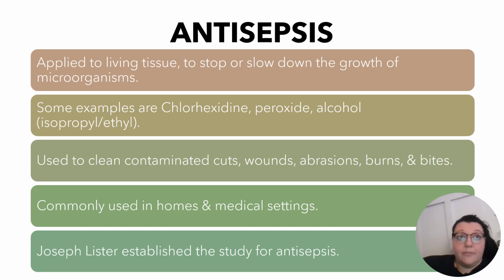Peroxide, you may have cut your finger, and we know that we can put peroxide on there, and it helps clean that wound. We do alcohol also. It just burns, as we all know. Chlorhexidine, I've seen it used in the hospital. We've cleaned around ports with that.